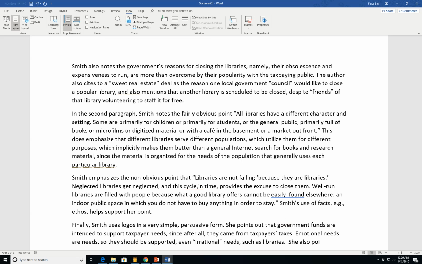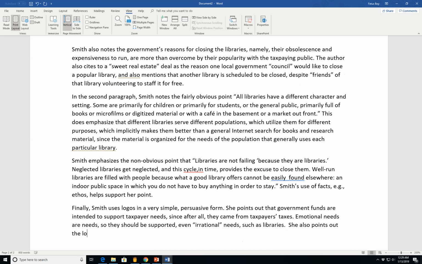She also points out the logic behind neglected libraries. That libraries that are neglected fall into disuse, which leads to an excuse to close the libraries.